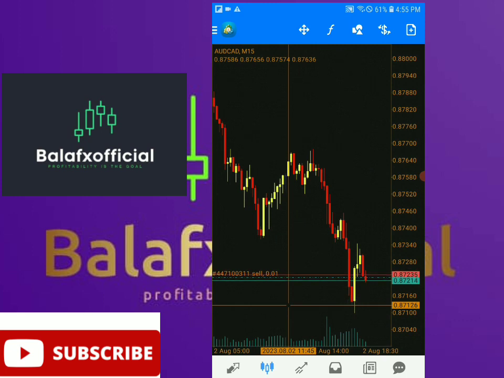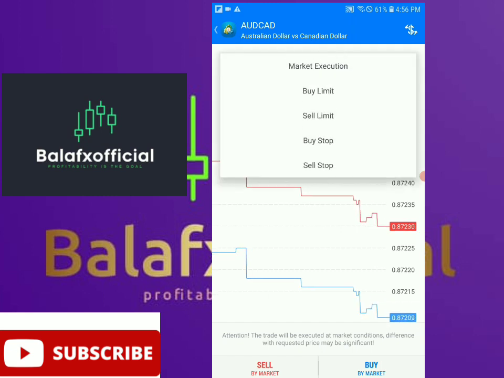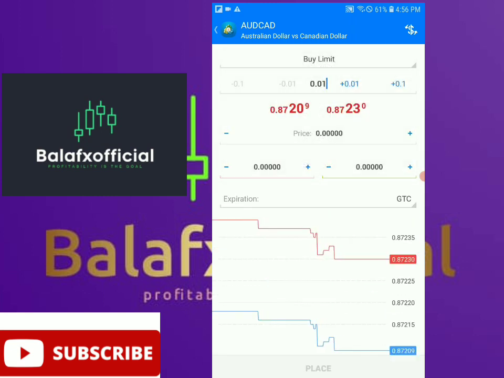If you want to buy, what you will do is, let me write this number, 0.87126. So let me place a buy limit. Market execution, buy limit. Here is the order, here is the buy limit.